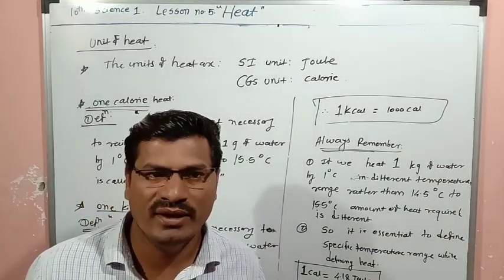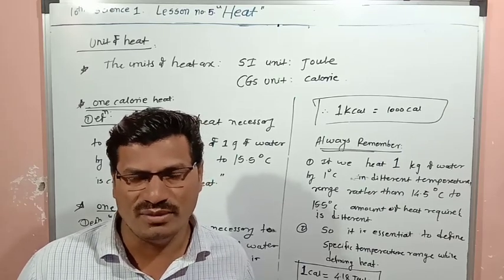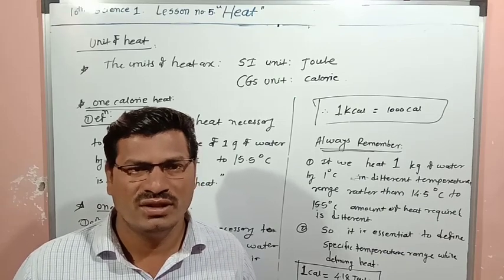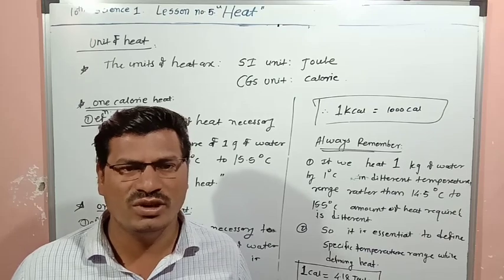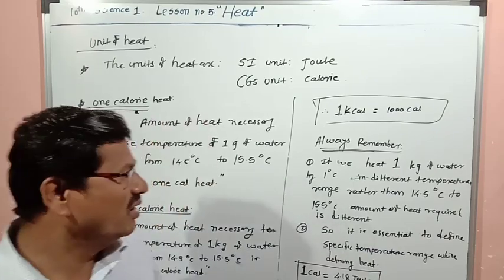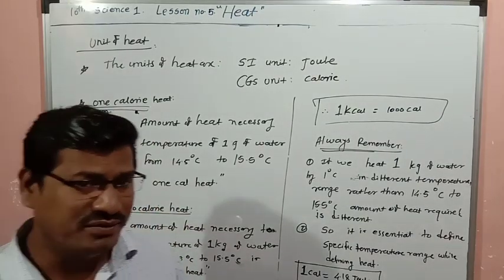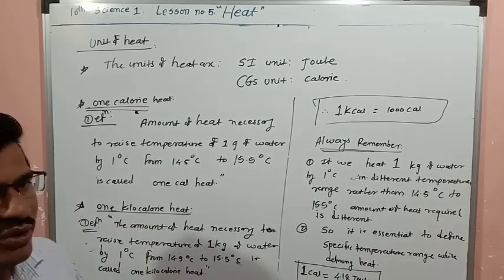So what do you mean by 1 calorie heat? Amount of heat energy necessary to raise the temperature of 1 gram of water from 14.5 degrees Celsius to 15.5 degrees Celsius is called 1 calorie heat. Again, what is meant by 1 kilocalorie heat?